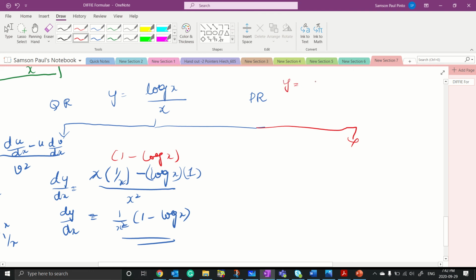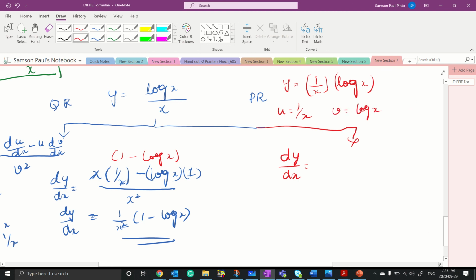So I'm going to take 1 by x as one function and log x as another function. Okay, 1 by x is one function and log x is another function, and I'm going to differentiate dy by dx, okay, where my u is one function 1 by x and my v is another function log x.